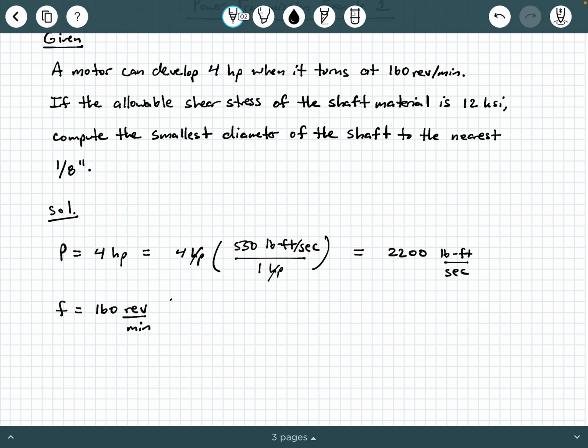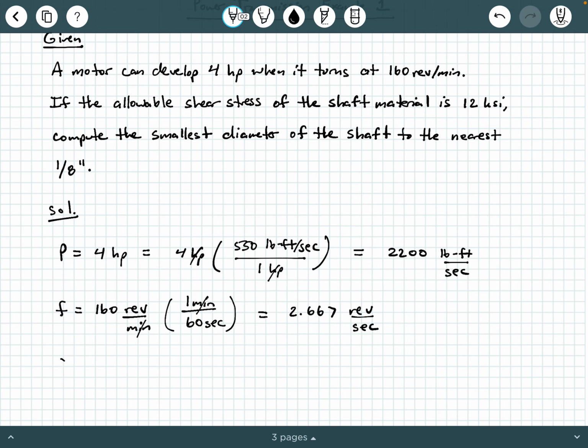So I'm going to multiply this by 1 minute over 60 seconds, okay? The minutes cancel, and 160 divided by 60 gives 2.667 revolutions per second, okay?